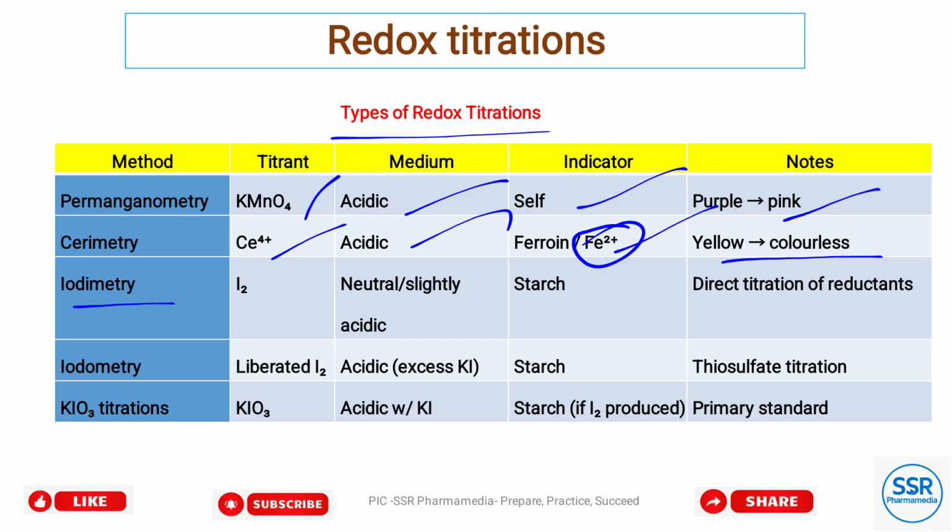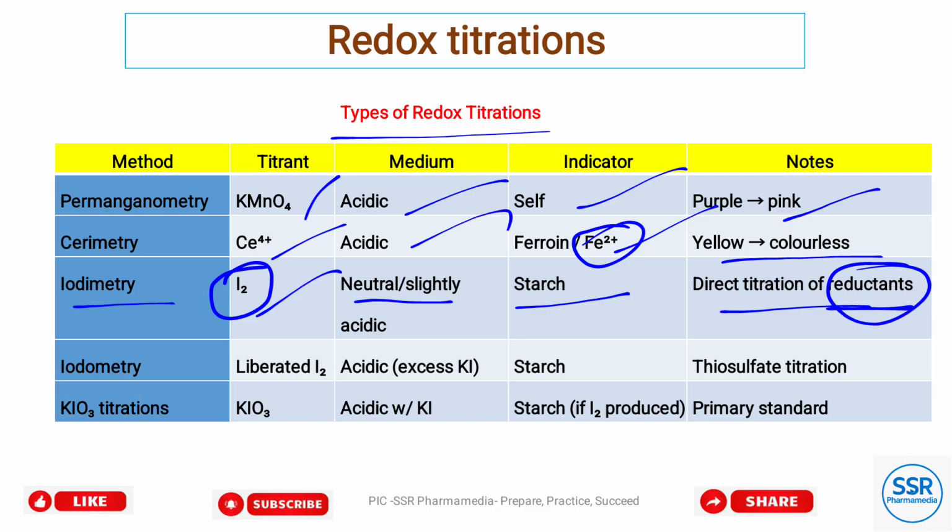Iodimetry means an iodine solution is used as the titrant. This reaction takes place under neutral or slightly acidic conditions, and starch is used as the indicator. It is a type of direct titration of a reductant, because iodine is an oxidizing agent, so it undergoes reduction reactions.